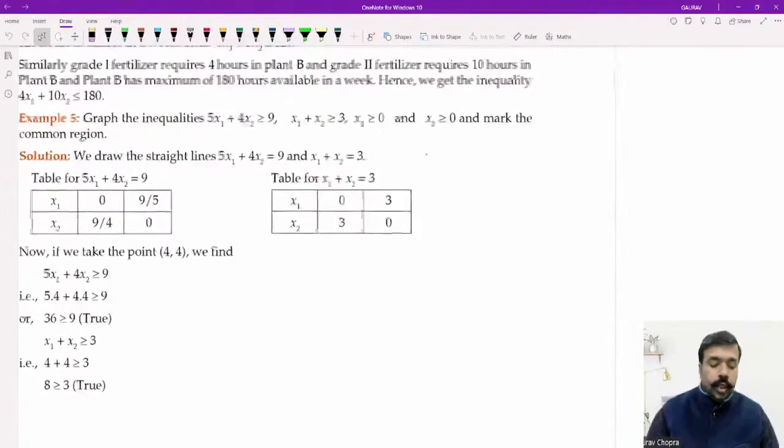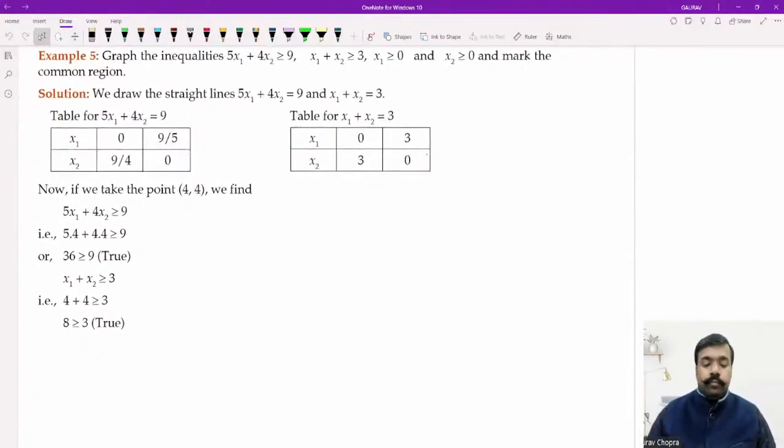Now let us do example number 5. Graph the inequalities and mark the common region. Now we have to understand how to mark the graph.